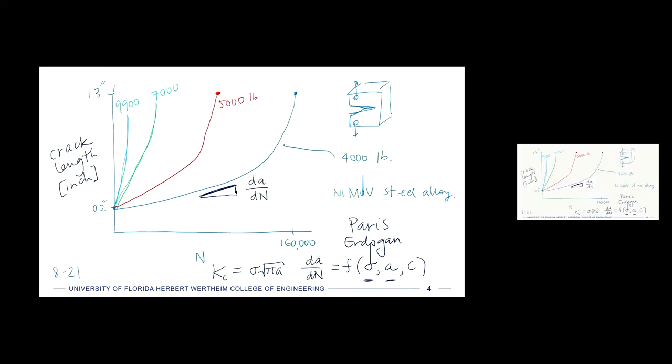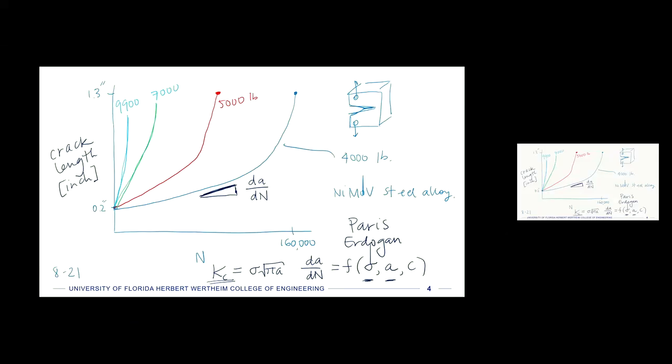So instead of looking at the slope of this crack growth rate as a function of all of these loads and starting from scratch, we're going to use this fracture toughness as an anchoring value to understand the crack propagation.